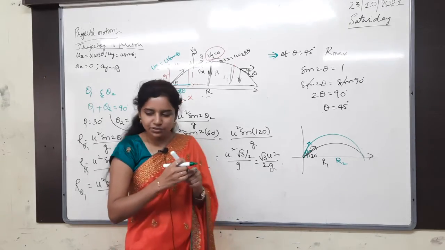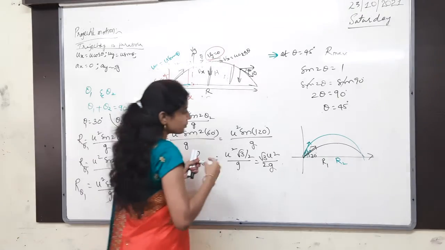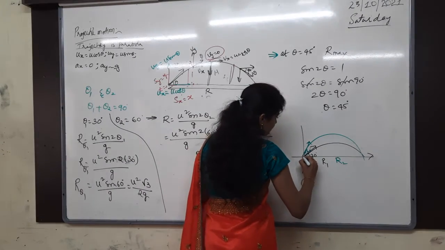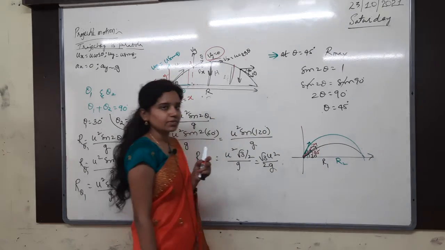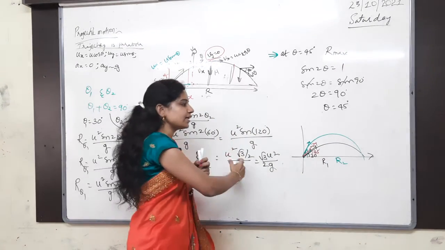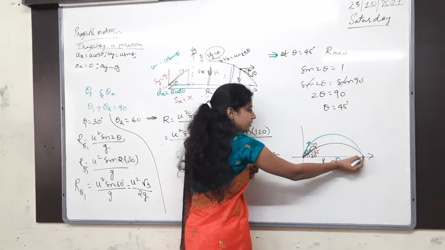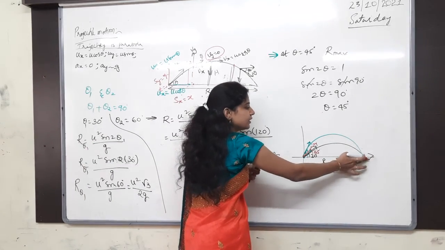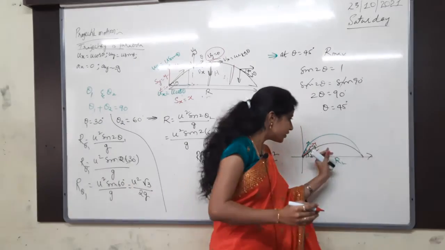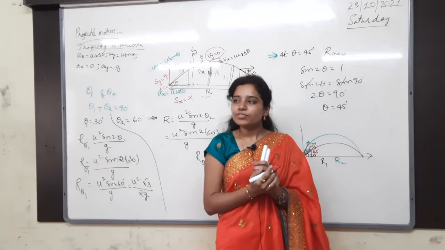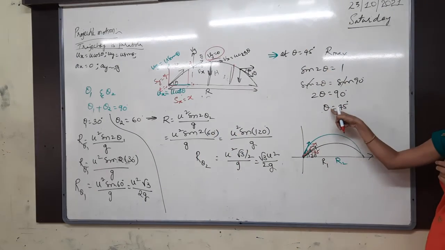Next, if I throw another projectile at 45 degrees, in the middle, then what happens to the range? Will it be on the left side, otherwise right side? Right, this is theta equal to 60 and theta equal to 30, and we are getting the range here. Now at 45, you will get the range after that. Why? Because I said at theta equal to 45, range is maximum.